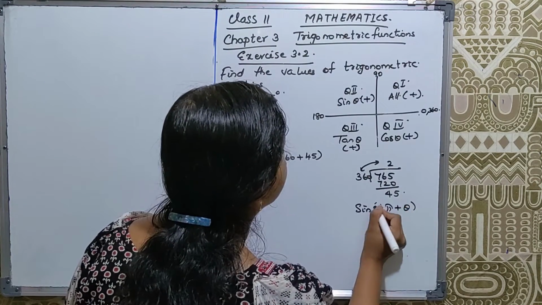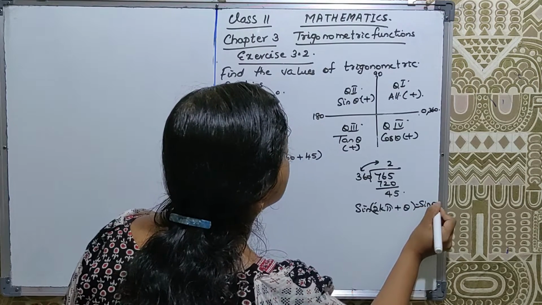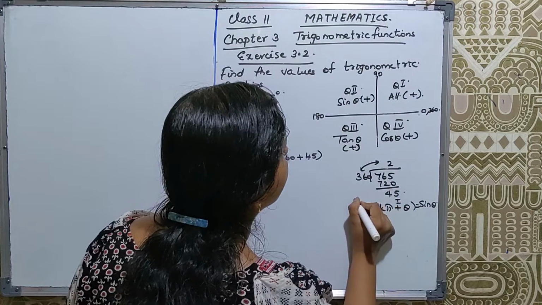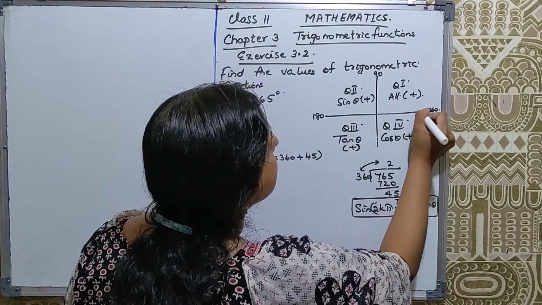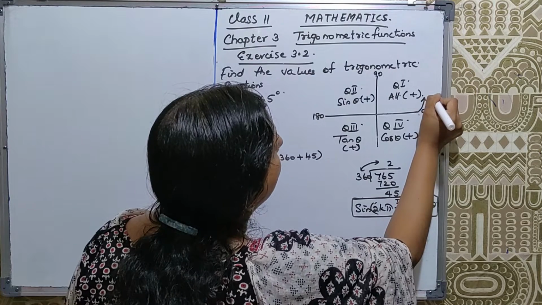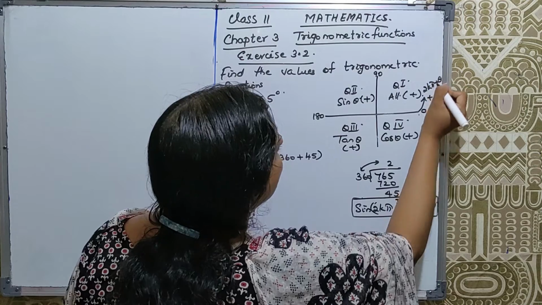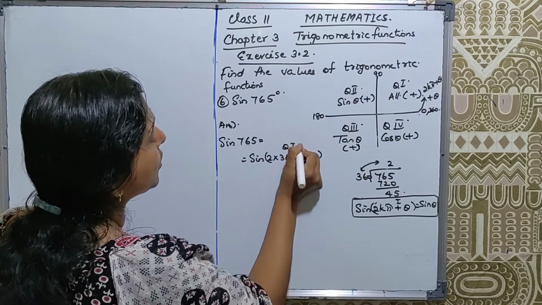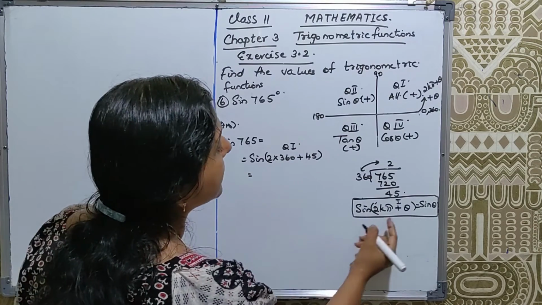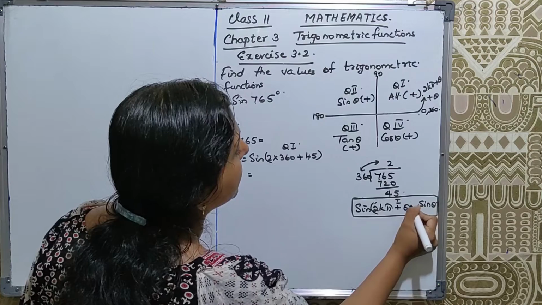Sine of 2k pi plus theta will be equal to sine theta, because now it will belong to quadrant 1. All the plus thetas, 2k pi plus theta, will belong to quadrant 1. So the property is it will be plus sine theta.